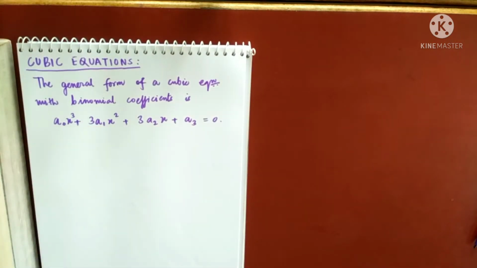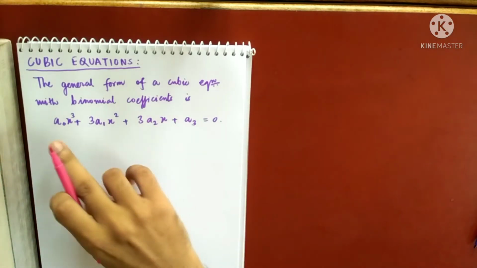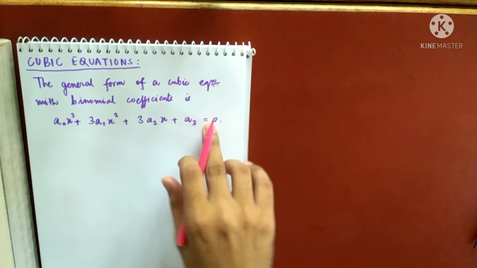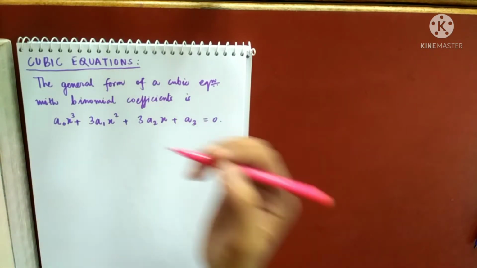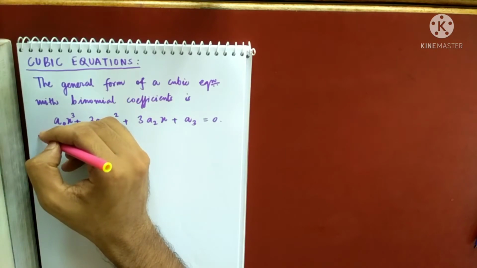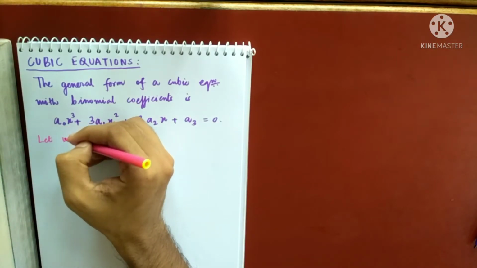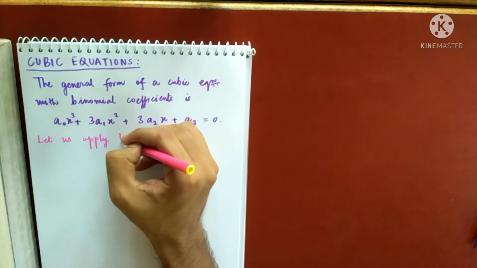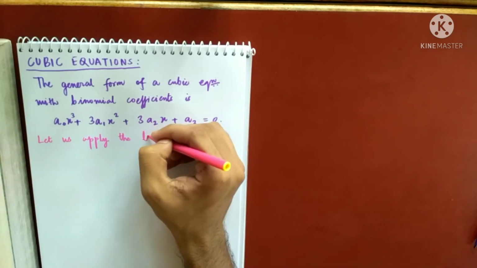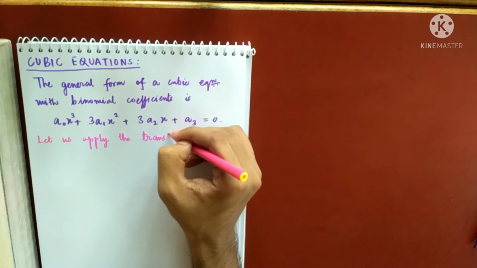We'll take help from transformation. That means, let me find the equation whose roots are h less than the roots of this one, or h more than the roots of this one, anyone. So let me write that down. Let us apply the transformation. I'll tell you why I am applying this transformation.